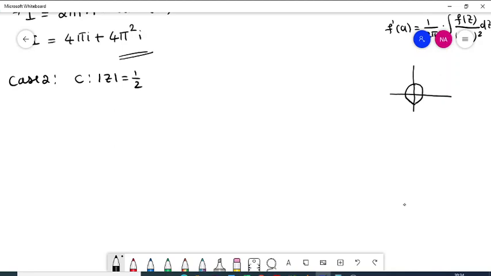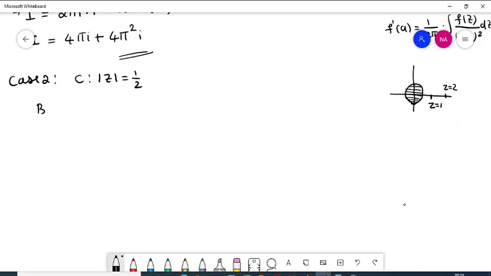The function is not analytic at z equal to 1 and z equal to 2, because f of z divided by z minus a has come up. As I said, only at a is the function non-analytic, and at all the other points the function is analytic. So here over C the function is analytic, at all the points within the curve and also on the boundary of the curve.